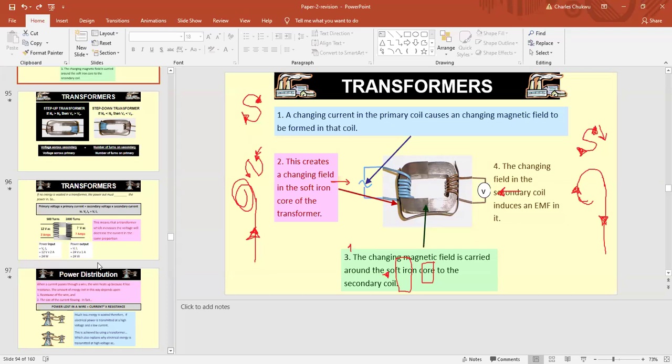I don't know if you can quickly source for the 2022 paper 2 physics. Pardon? Would you think you can source for 2022 paper 2 physics? I think we did. Was it 2023 that we did yesterday? I believe so. Okay.